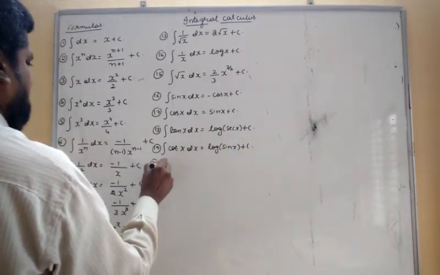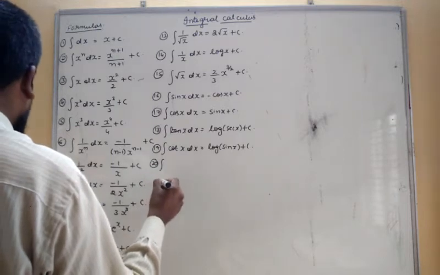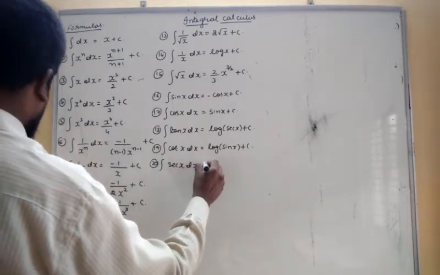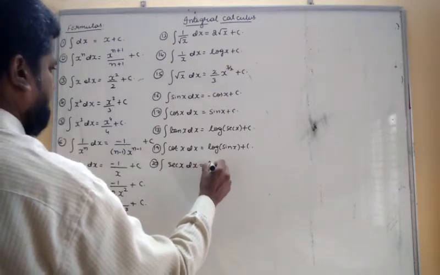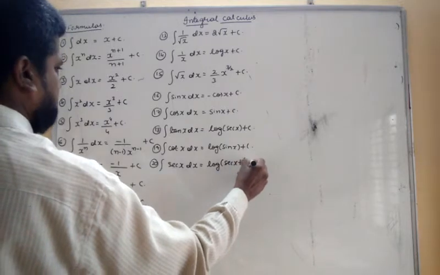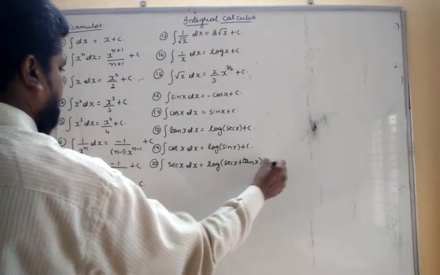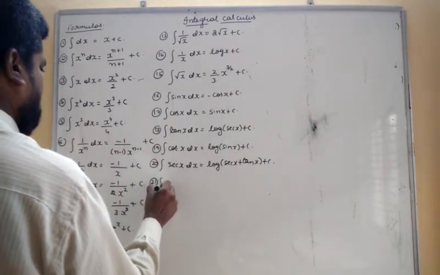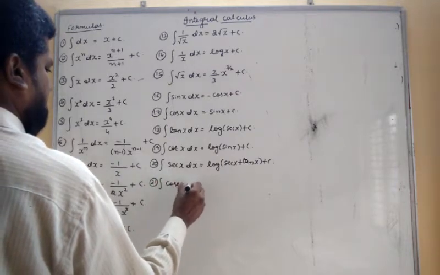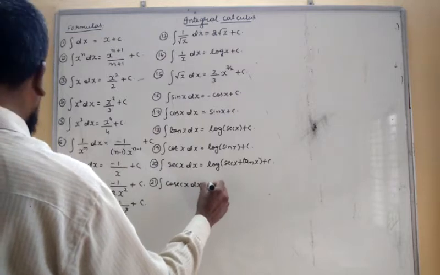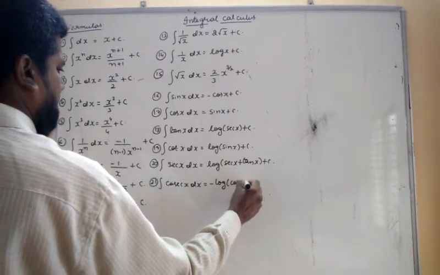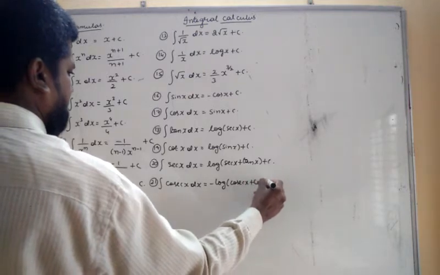Then integration of secant x is log of secant x plus tan x plus c. Integration of cosecant x is minus log of cosecant x plus cot x plus c.